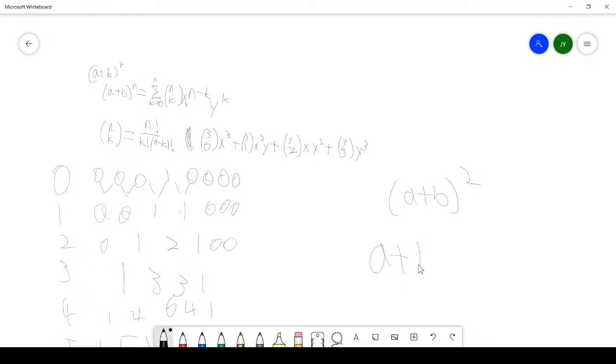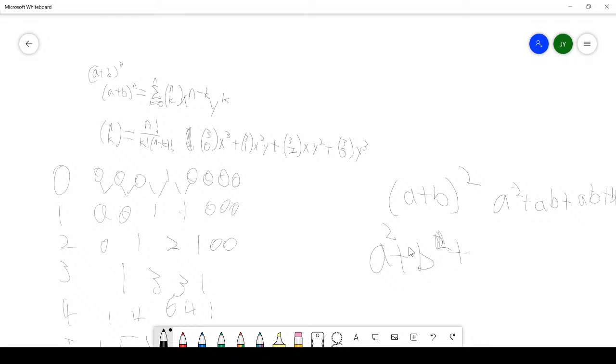This becomes a squared plus, this one's more obvious. We don't actually need the binomial term for it because it's just a squared plus ab plus ab plus b squared.